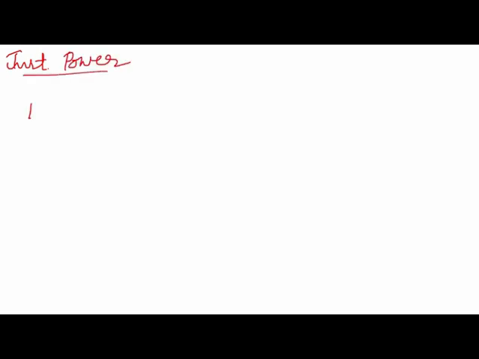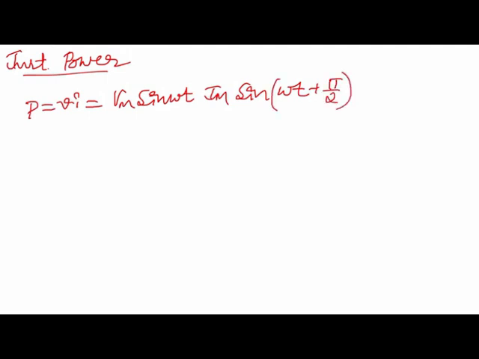Instantaneous power is given by P is equal to V into I. So this will be Vm sin omega t into Im sin(omega t plus pi by 2).